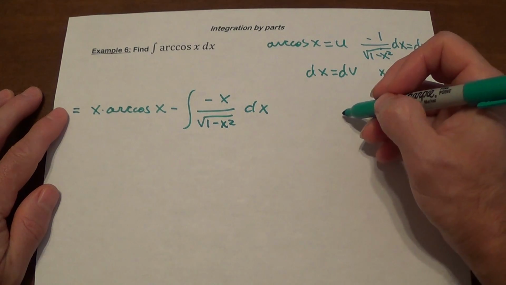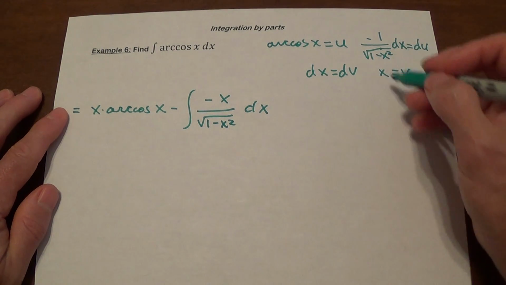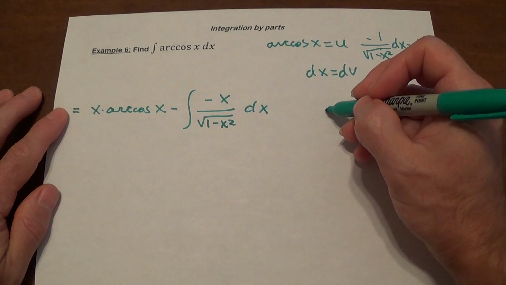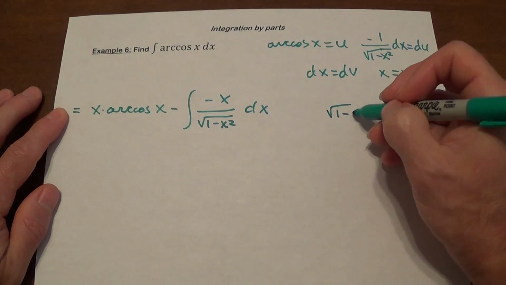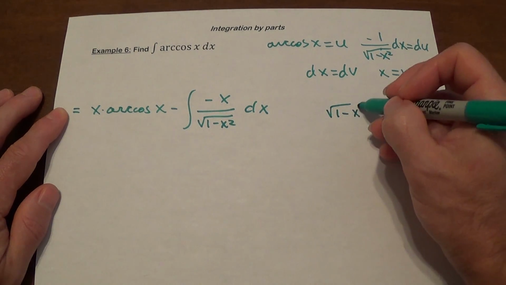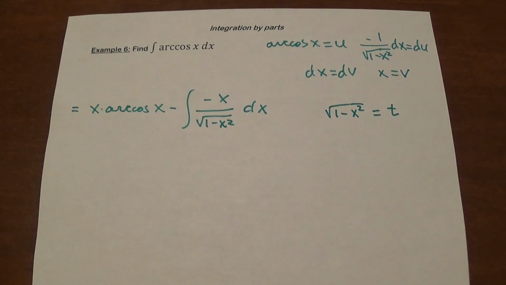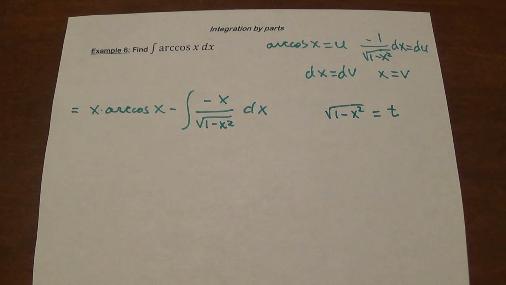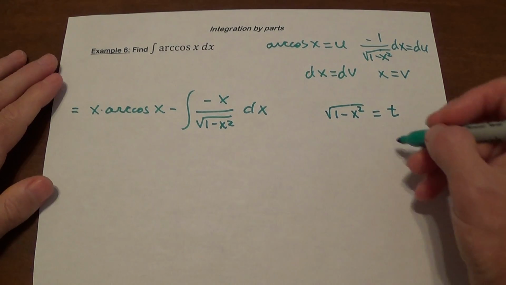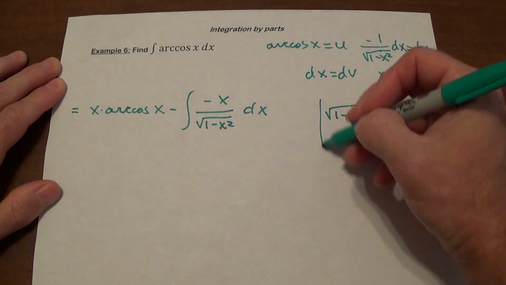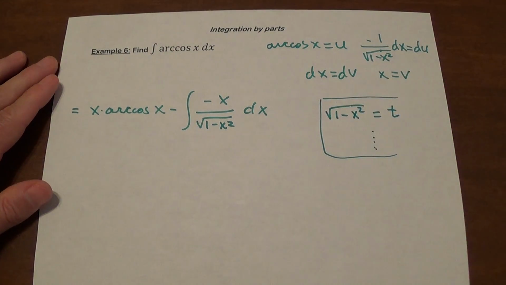I don't want to use u because I already have u here. So what I can do is substitute the square root of 1 minus x squared with a t. That's not the only possible substitution here, but that's one of the ones that you can actually use. You will be able to proceed from here and rewrite the rest of it with that.